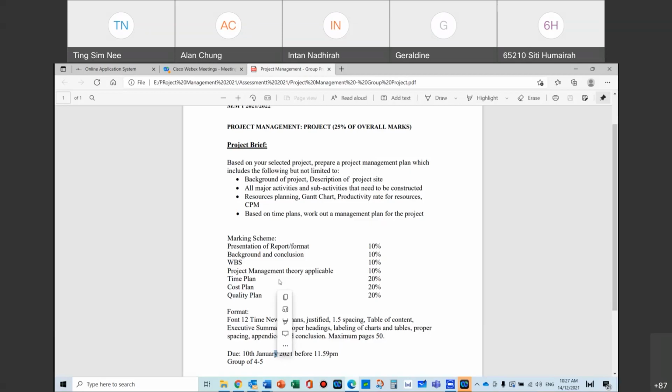Any other questions from anyone else on the assignment, on the project? Project is not assignment. This is going to cost 25% of the overall marks. And if you do it well, reasonably neat and tidy with all the proper background, conclusion, presentation, and the format and everything, easily this sort of project, you could score 17, 18.